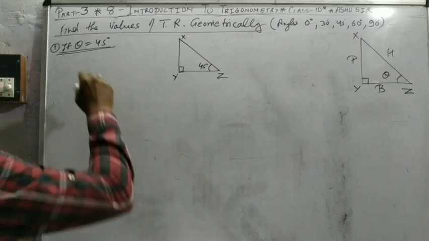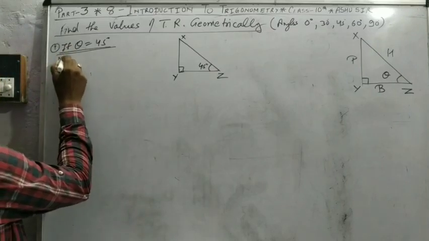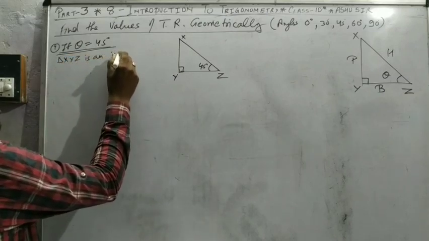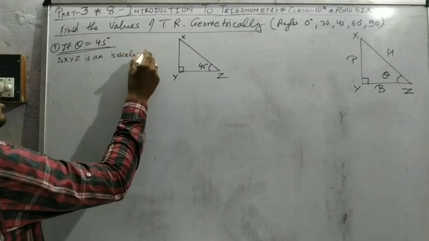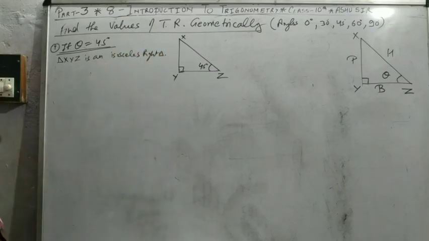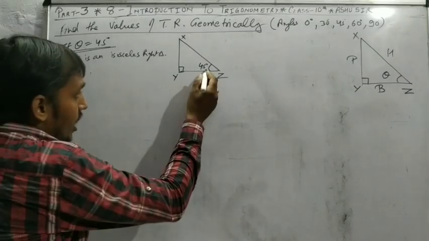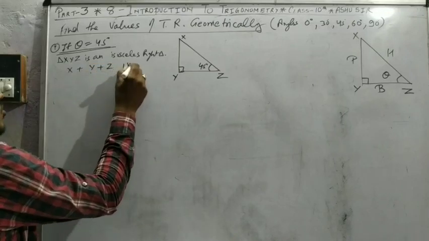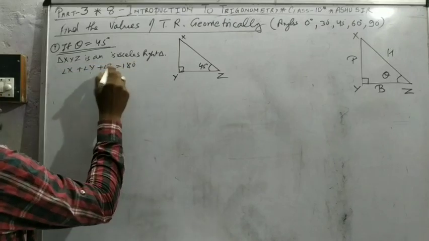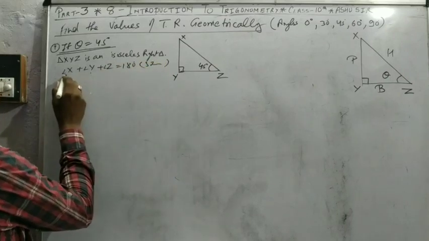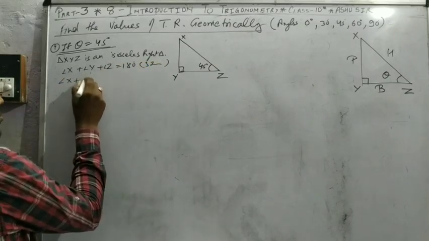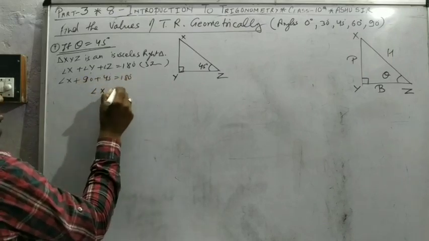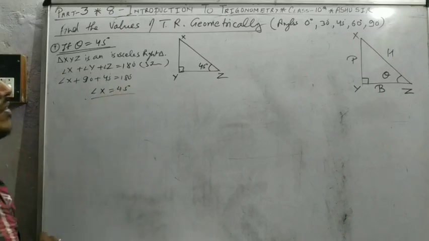So you know triangle XYZ is an isosceles right triangle. Why? X + Y + Z is 180 degrees, Y is 90, angle X is 45 degrees.